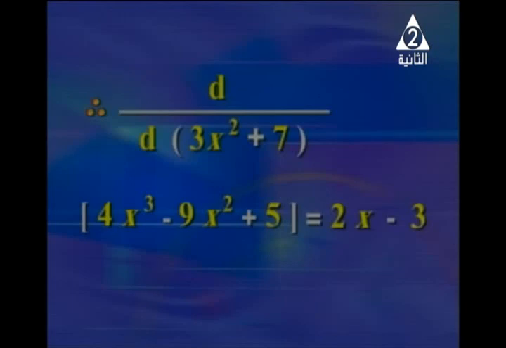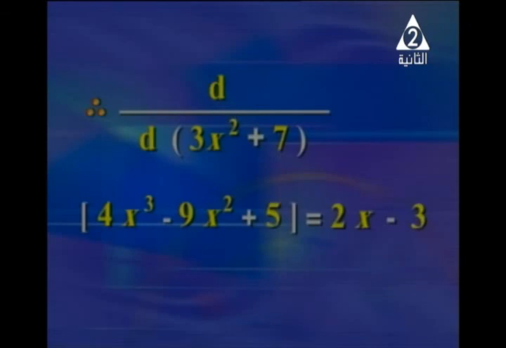Remember, d over dx with respect to 3x squared plus 7 of the function 4x power 3 minus 9x power 2 plus 5. As an example, y or z or any capital letter. We find the derivative of the expression inside the bracket 4x power 3 minus 9x power 2 plus 5, and we put y equals, z equals.